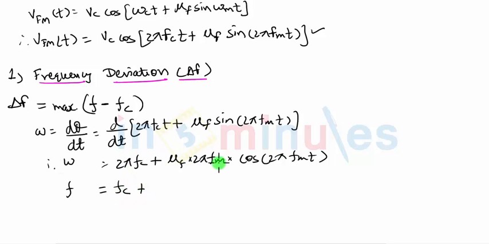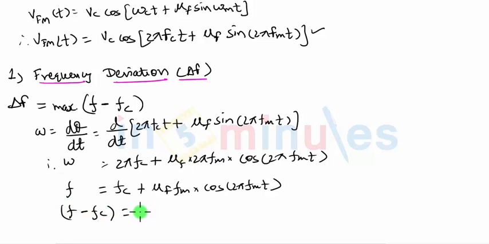When you divide by 2 pi in the second term, again 2 pi will cancel out, so it becomes mu f into fm into cos of 2 pi fmt. This gives me the departure f minus fc, the departure of the instantaneous frequency from the carrier frequency. It becomes mu f into fm into cos of 2 pi fmt.